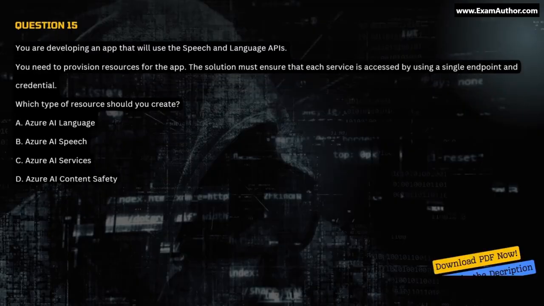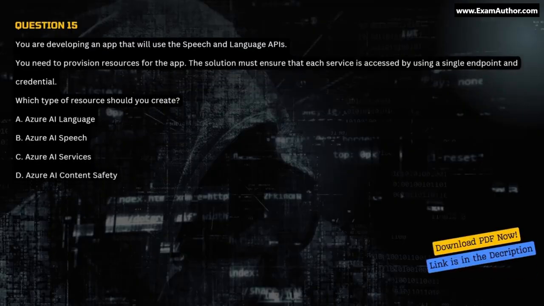Question 15. You are developing an app that will use the speech and language APIs. You need to provision resources for the app. The solution must ensure that each service is accessed by using a single endpoint and credential. Which type of resource should you create? A. Azure AI Language. B. Azure AI Speech.